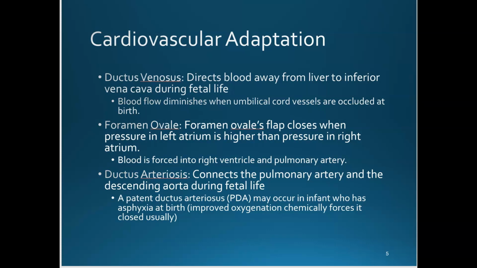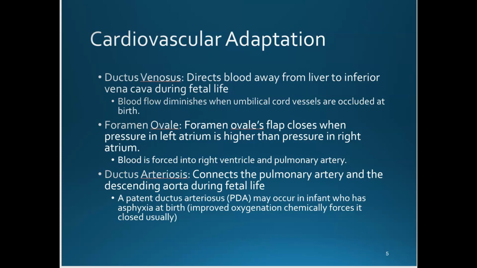The foramen ovale is a small hole and flap between the atria of the heart. If you remember how our circulatory system works, blood comes to the heart, it gets shoved over to the lungs, it gets oxygenated, it comes back to the heart, and then gets pushed throughout the body.